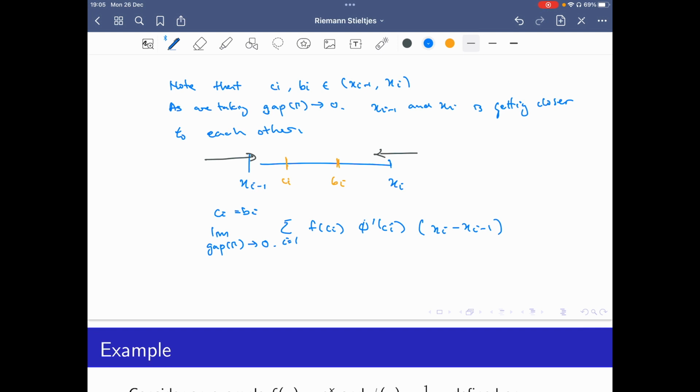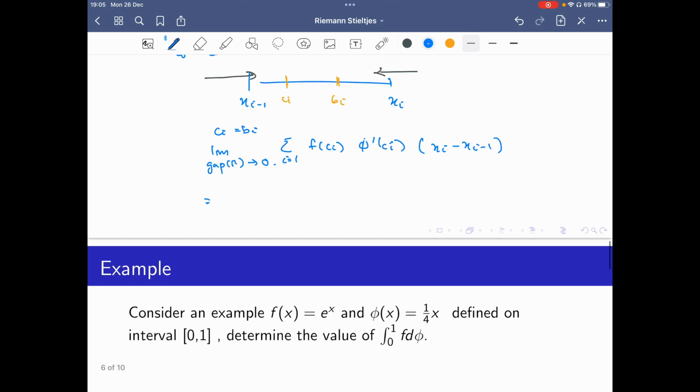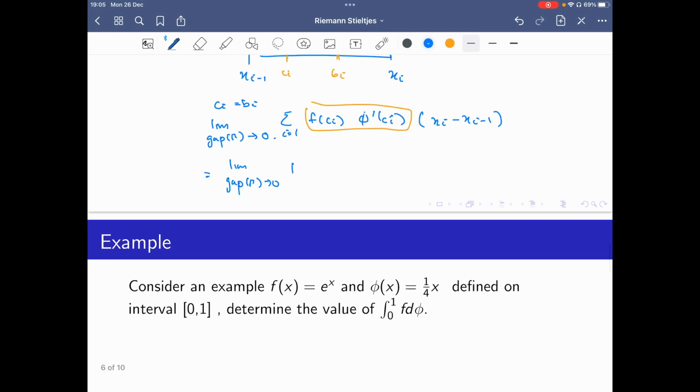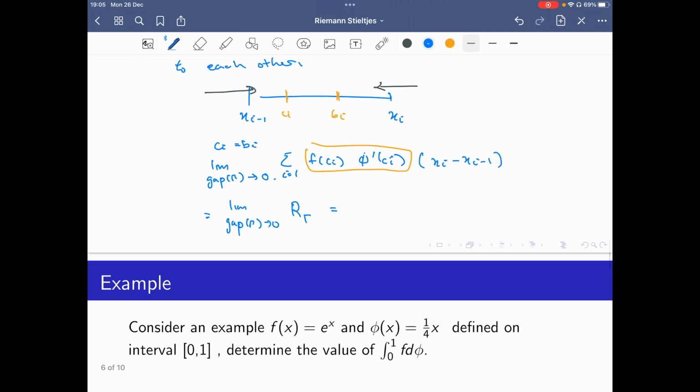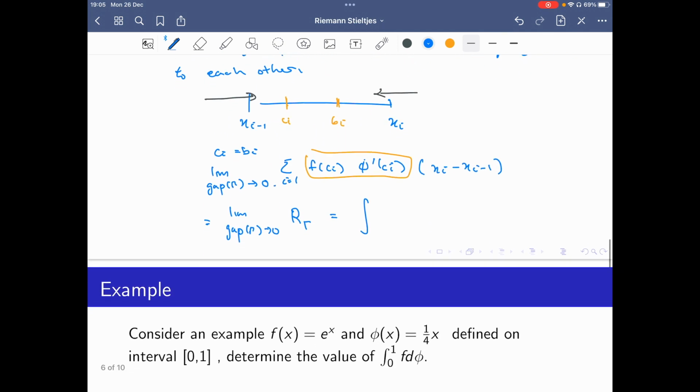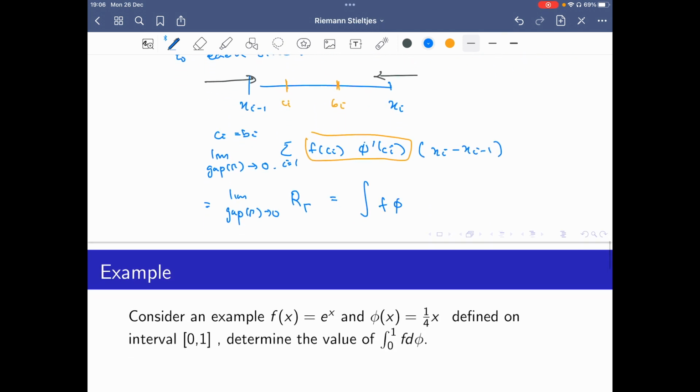And bang, notice that this is exactly the limit as the gap goes to 0, taking this as a function multiplication, and it is the Riemann Stieltjes integral of f phi prime dx.